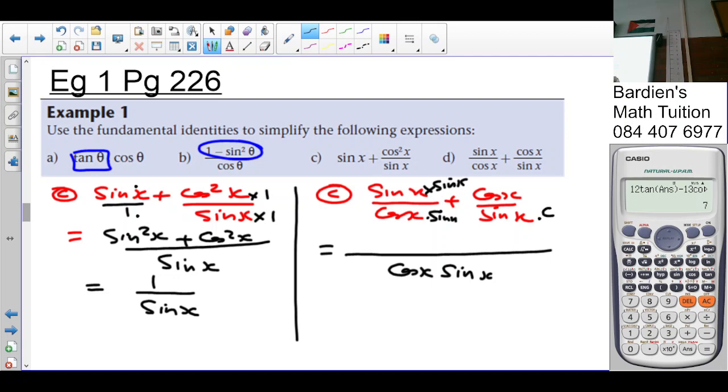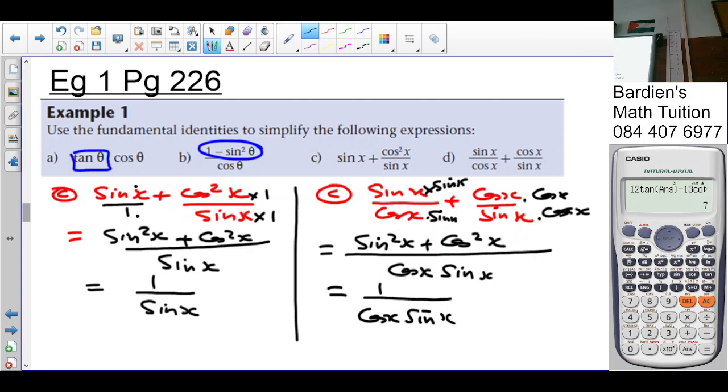This must be multiplied by cos x. So what's sin x times sin x? Sin squared x plus cos x times cos x, cos squared x. So what's sin squared x plus cos squared x equal to? 1. So that's 1 over cos x sin x. And there we go. Okay.